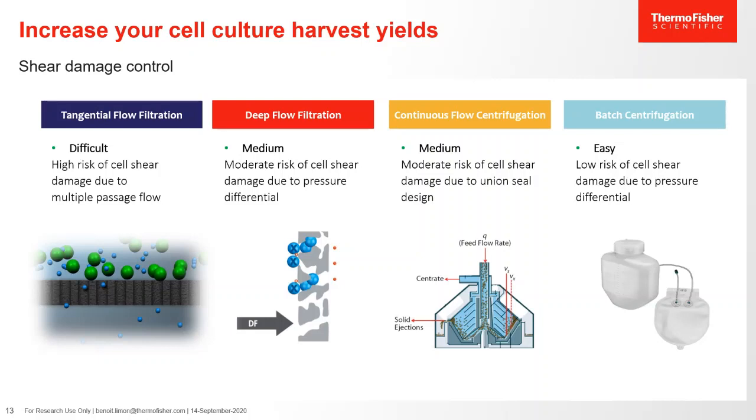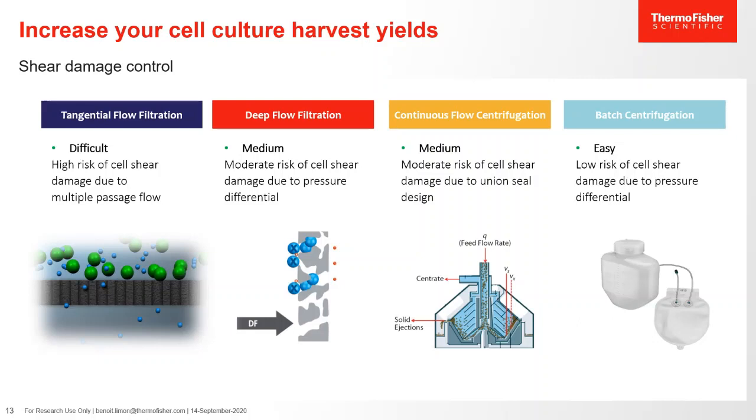Let's start with the tangential flow filtration. We feel that the control of the shear damage is difficult, and we evaluate the risk to be high that the damage of the cell will affect the yield of the cell culture harvest.